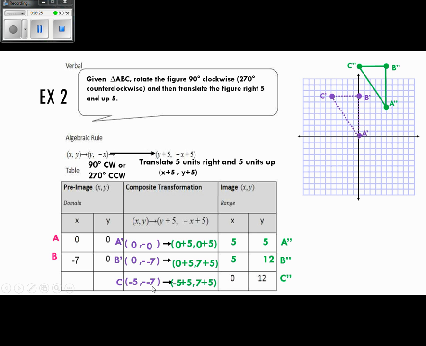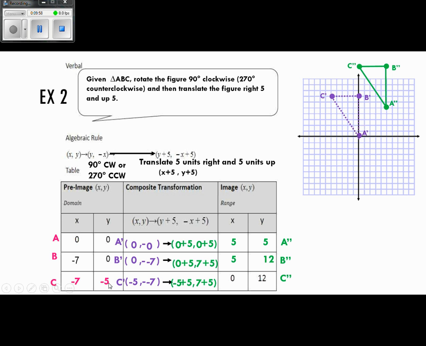When we flip-flop them, it'd be the double negative 7, which is positive 7, and negative 5. But remember, when we do a 90 degrees clockwise rotation, the original x should change signs. When we were in our purple point, the original x was this positive 7. So when the 7 and negative 5 flip-flop, the sign of the original x will have to change. So this is going to be negative 7, negative 5.